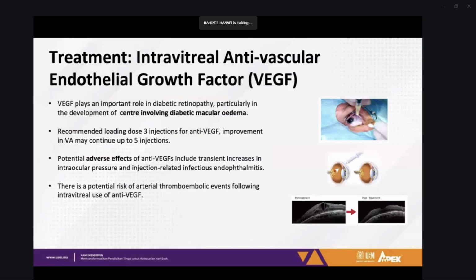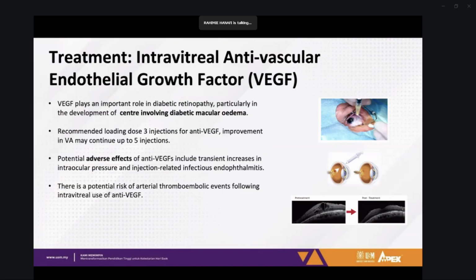Okay, intravitreal anti-vascular endothelial growth factor, or easily known as anti-VEGF, is the primary treatment for center-involving diabetic macular edema. The recommended loading dose is 3 injections 1 month apart and can go up to 5 injections.